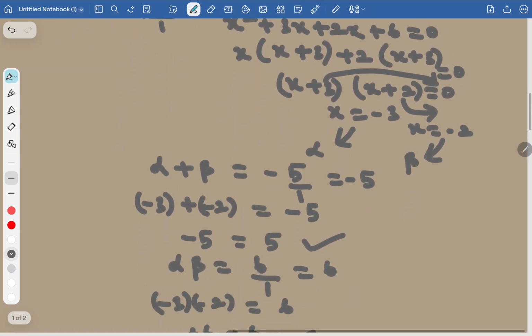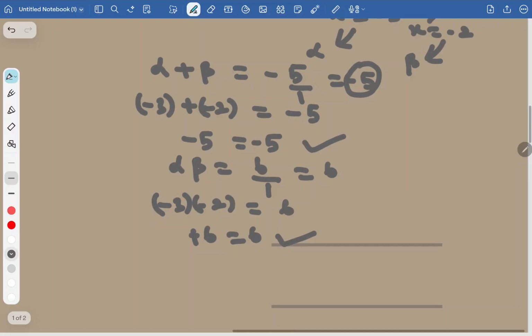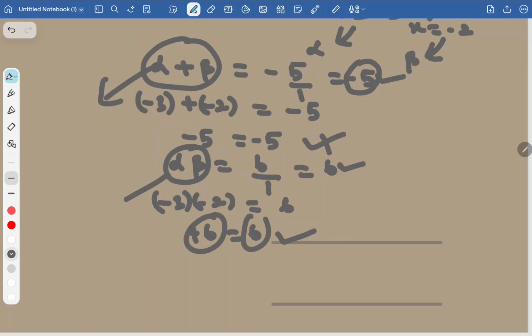At last we verify sum of the zeros minus 5 equals minus 5, product alpha beta is 6. Alpha plus beta means sum of the zeros, alpha beta means product of the zeros. Here minus 5 equals minus 5, here plus 6 equals 6.